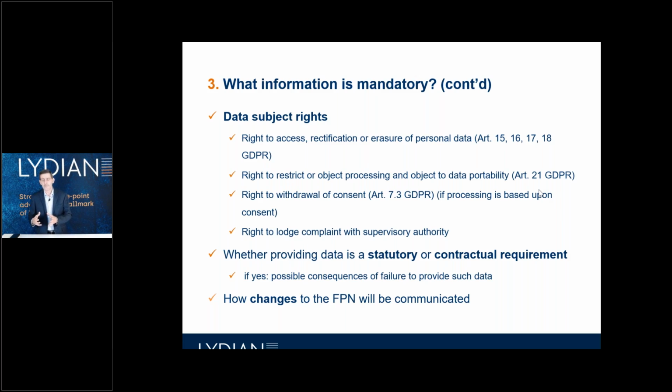For example, if this is in the context of online sales, you will need to explain that if certain mandatory information such as the name, the surname, the address, and so on, and some details on payment are not provided, you will simply not be able to enter into a contract with the data subject.